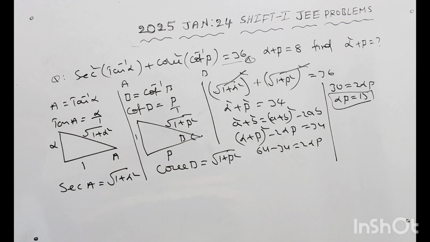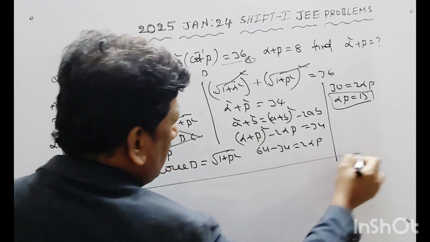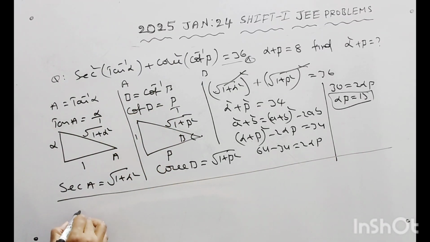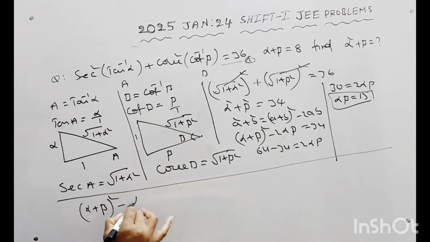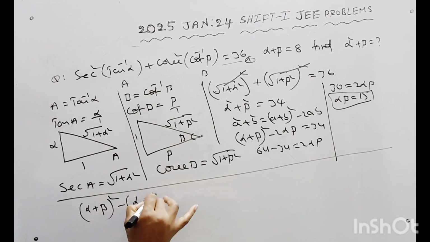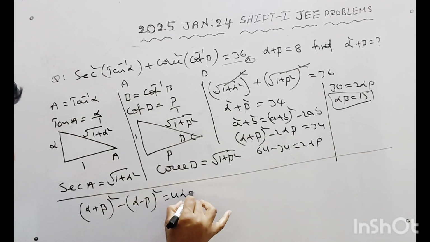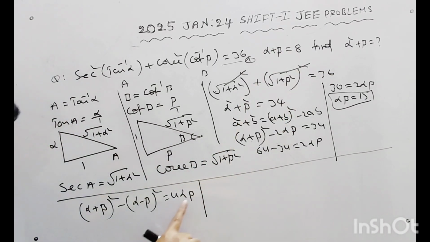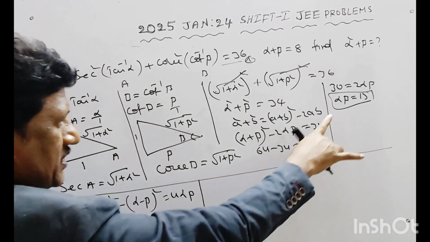Okay. Then we learned one formula in lower class. Which formula? That is alpha plus beta whole square minus alpha minus beta whole square is equal to 4 alpha beta. So alpha plus beta value is already given, that is 8, and alpha beta we just got, that is 15.